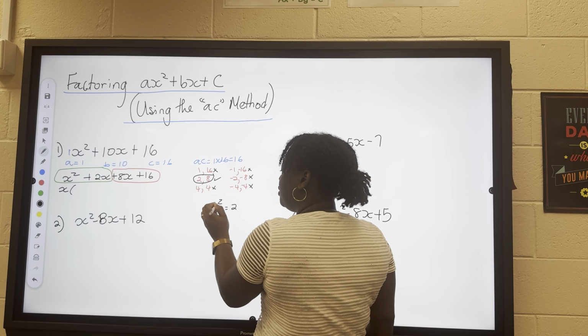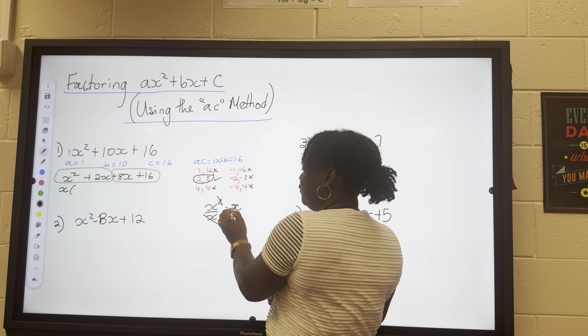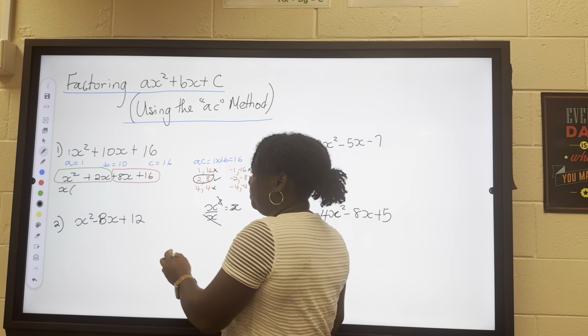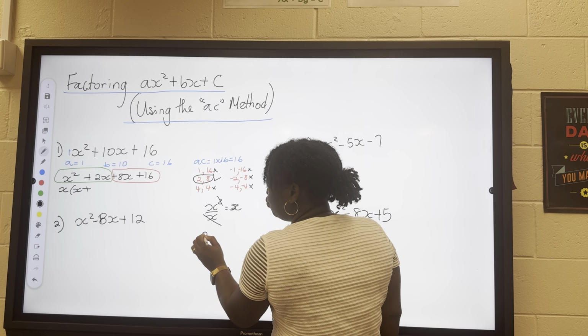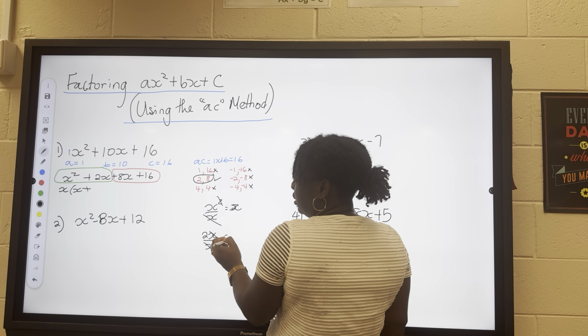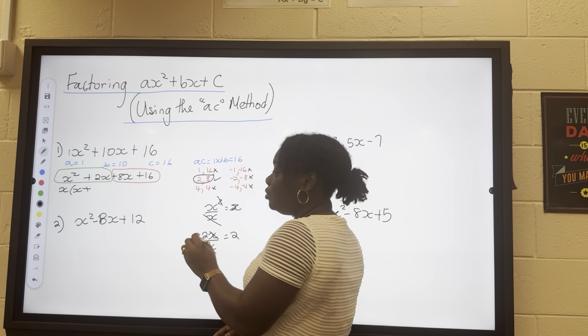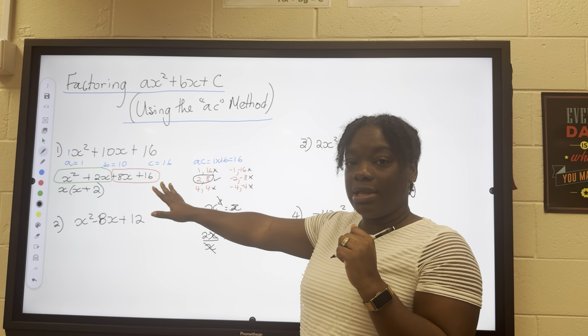So that's x squared divided by x. One x is cancelled there, I'm just left with x. So that's x right here. Now 2x divided by x is equal to 2. So I've factored that group.